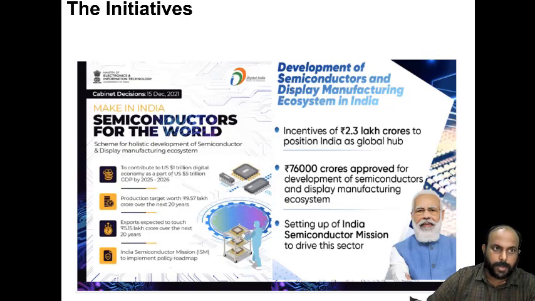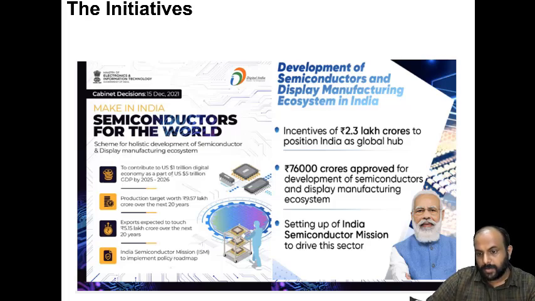If you look at the government initiatives, you can find that the Government of India has recognized the importance of both capacity development in VLSI as well as infrastructure development. What you see in the slide is the cabinet decision of 15th December 2021, where a total of 2.3 lakh crore of incentives is being pumped in to position India as a global hub of electronic productization.